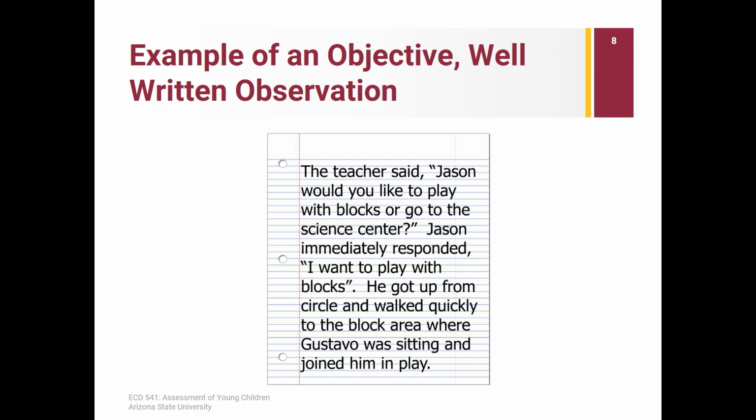Notice how this is quite different from the other observation that was collected. By writing down only what the teacher saw and heard, we have a better picture of what is going on in the classroom. When I read this observation, I think to myself, maybe Jason chose blocks because he prefers to play with blocks, or maybe Jason chose blocks because he prefers to play with Gustavo.